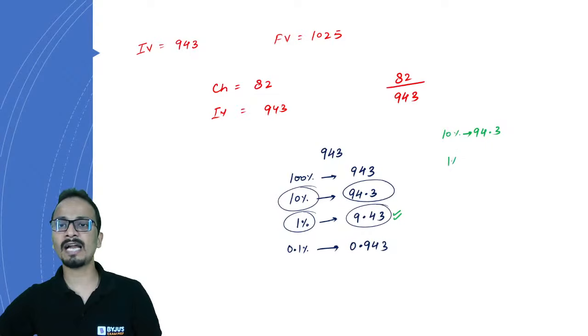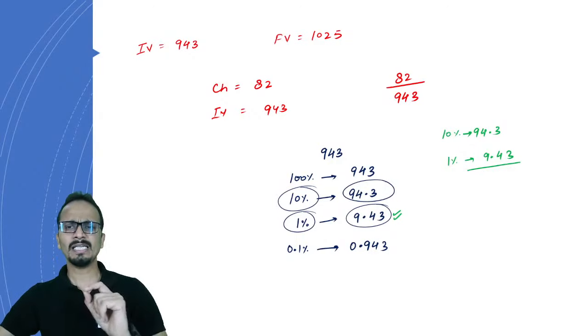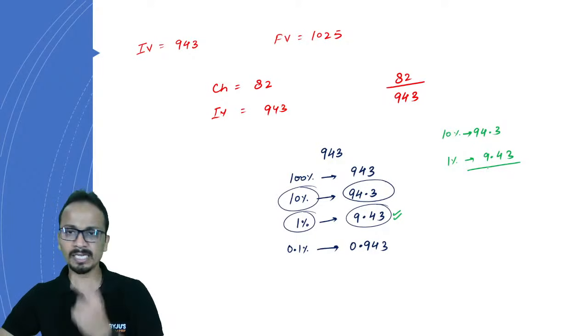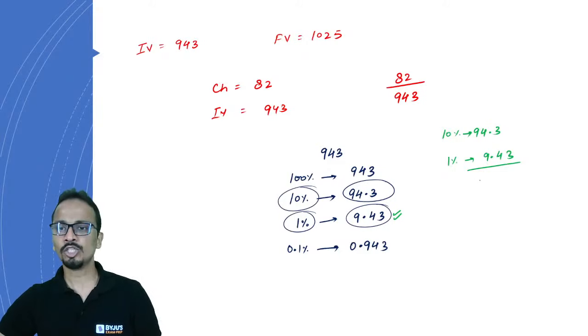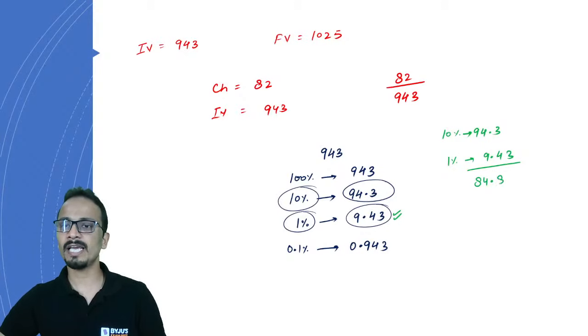If I subtract 1%, that is 9.43 approximately. If I subtract 9.43 from 94, I'll get 84.87 as my answer. All right, 84.87.